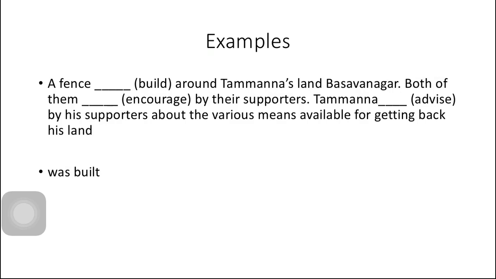Basavaya, both of them were encouraged by their supporters. Tamanna was advised by his supporters about the various means available for getting back his land. This is what I have solved as one example for you. Try to solve it. You still have two days, and thank you.